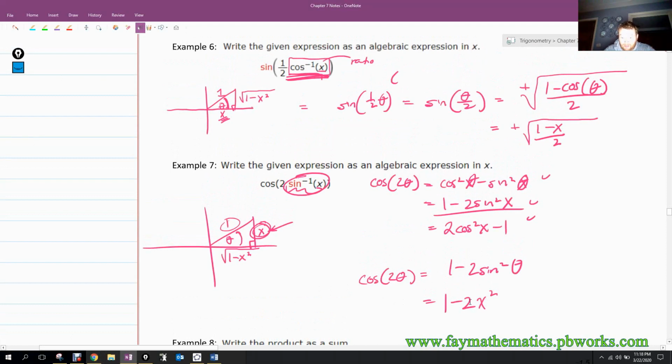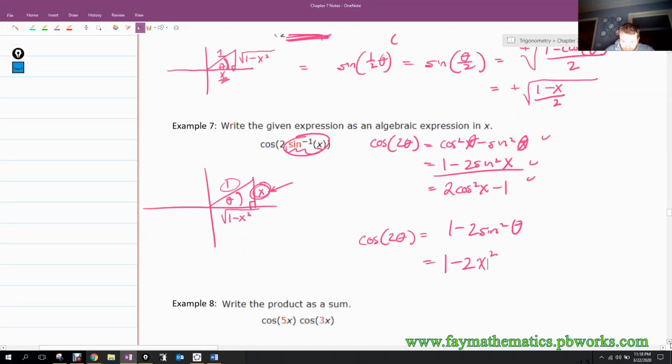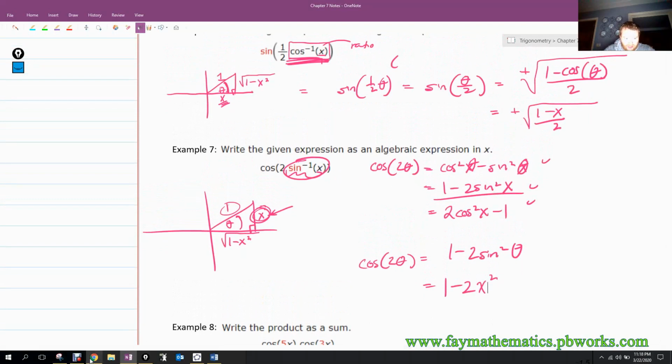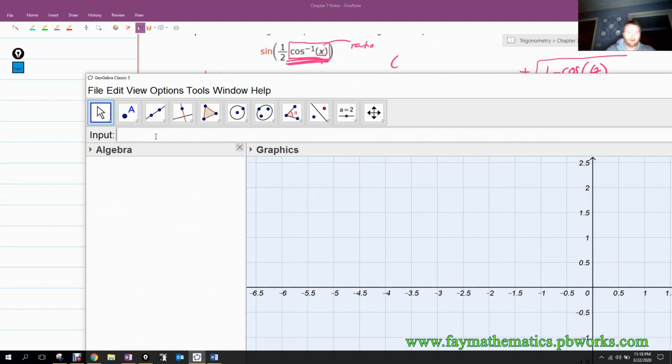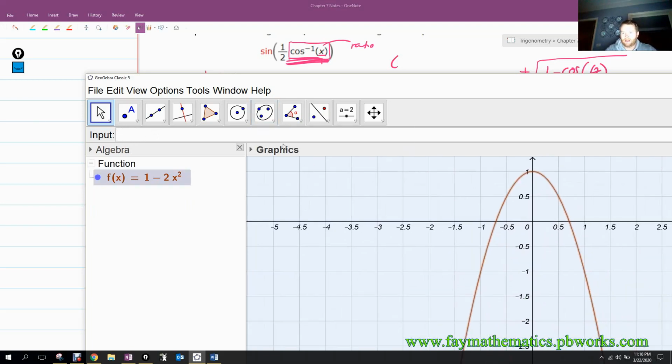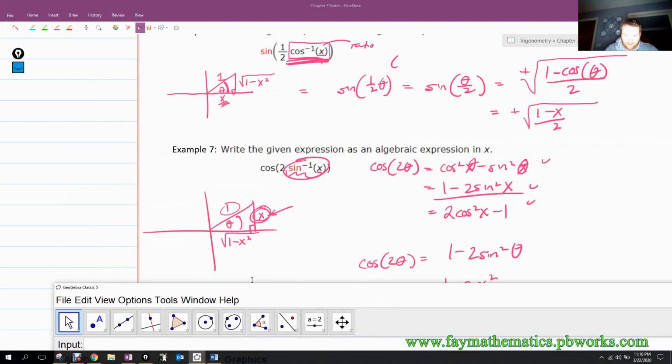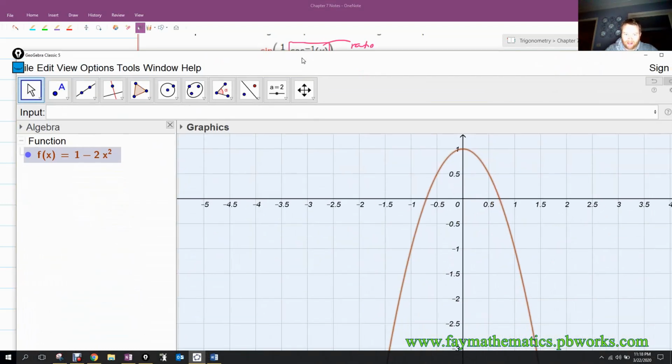So obviously this is a parabola, concave down, shifted up 1 unit. Let's go ahead and graph that, 1 minus 2x squared. Okay. Now let's think about the sine inverse only being defined between -1 and 1.